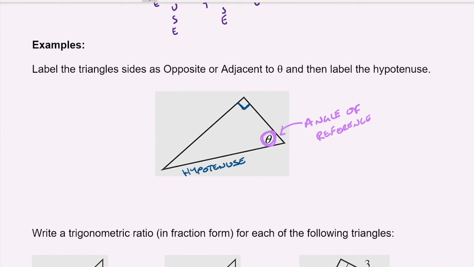Our opposite side is opposite our angle of reference, so that's this one over here. And then our adjacent side is the one next to our angle of reference, so that's that one there.